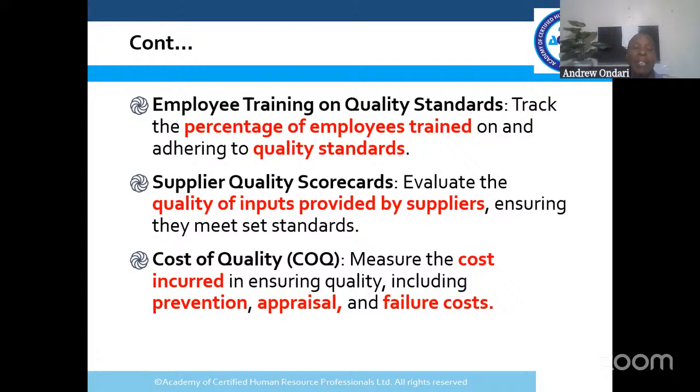The other aspect of quality measurement is the scorecards. This is related to the suppliers of the services that we sometimes outsource. Be it security that we outsource, or technical, like computer repairs, or other services like consultancy.